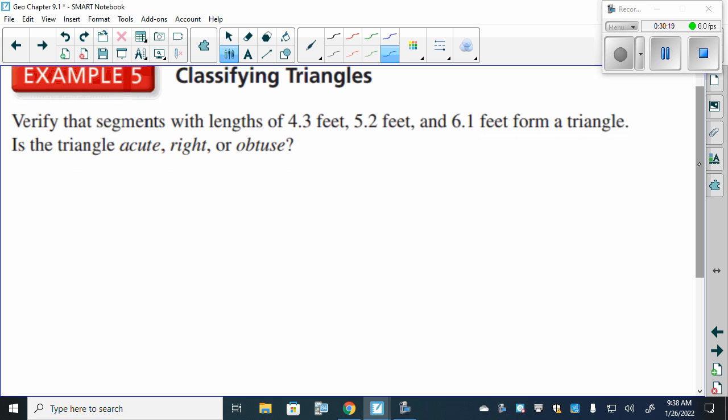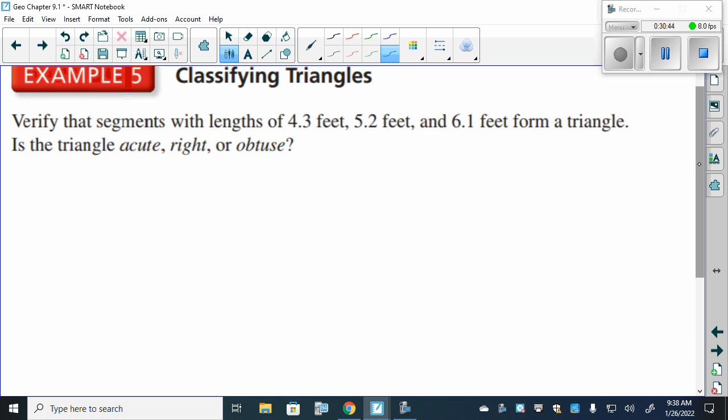So, verify the segments with lengths 4.3, 5.2, and 6.1 feet form a triangle, and then determine if the triangle is acute, right, or obtuse. Determining that three lengths form a triangle, we covered in a previous section.